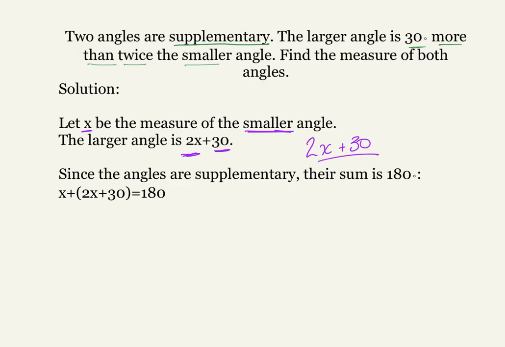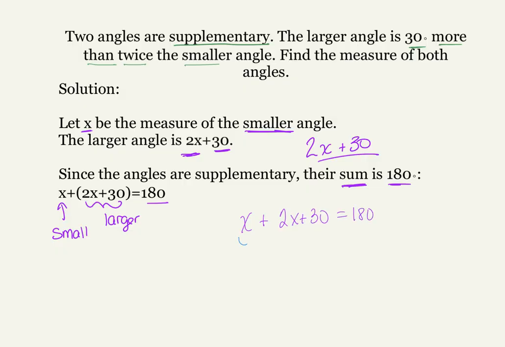Now, since these angles are supplementary, remember they add up to 180. So we're going to take that smaller angle and we are going to add it to the larger angle to get that 180. So that's where we get the x plus the 2x plus 30 equals that 180.